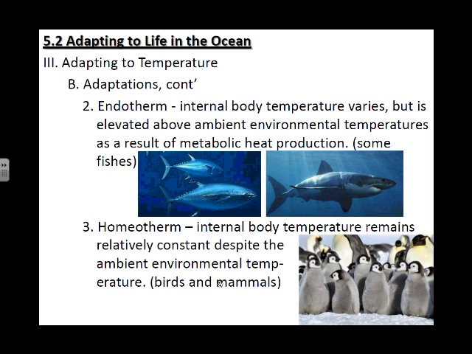Then we have the example that we see in humans, being homeotherms, where we have a homeostatic set point where internal body temperature remains relatively constant despite the environment. So we always have a core body temperature of 98.6 degrees Fahrenheit or 37 degrees Celsius, no matter what the temperature is. This is seen in both birds and mammals, and this is what allows birds like penguins to live in cold environments.